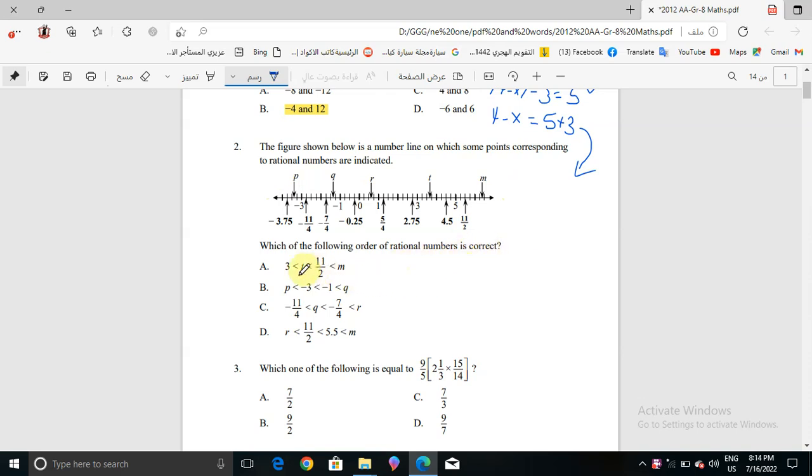Okay, here it says 3 is greater than t. Where's 3 here? 3 here, right? 3 is greater than t. Then is greater than 11. No, it says 3 less than t. No, 3 is greater than t.